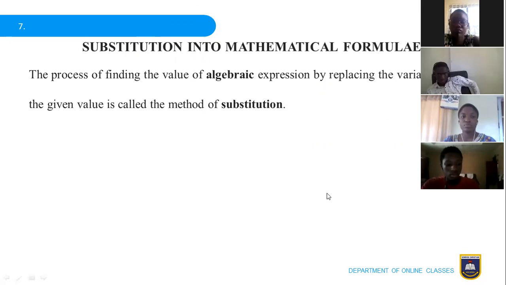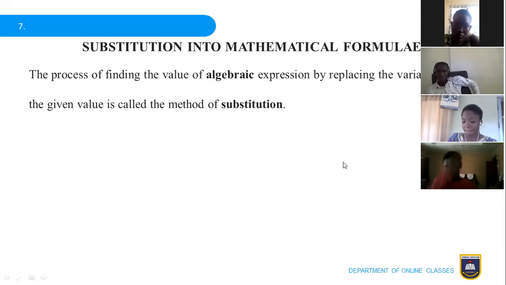Let's first define what a substitution method is. We said the process of finding the value of an algebraic expression by replacing the variables by the given value is called the method of substitution.